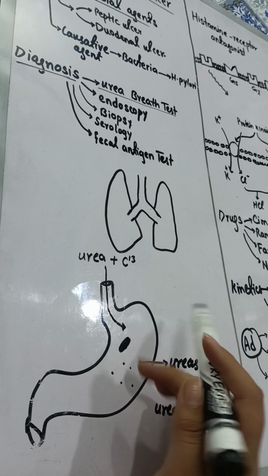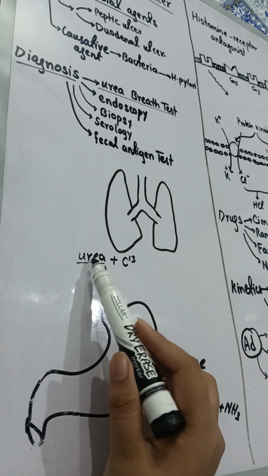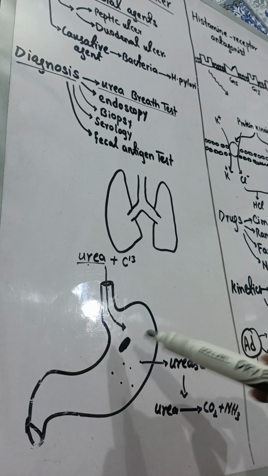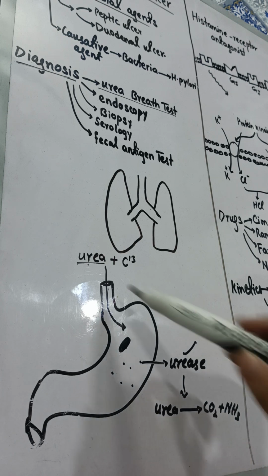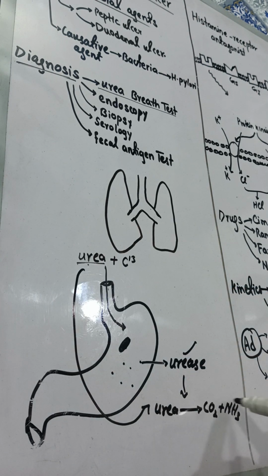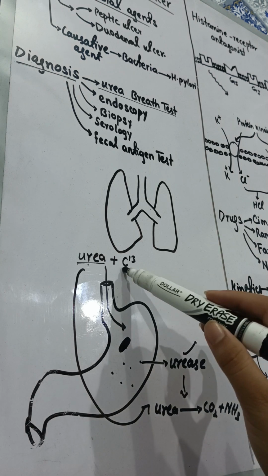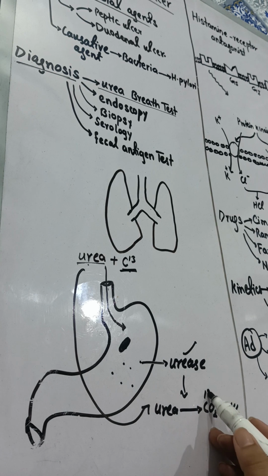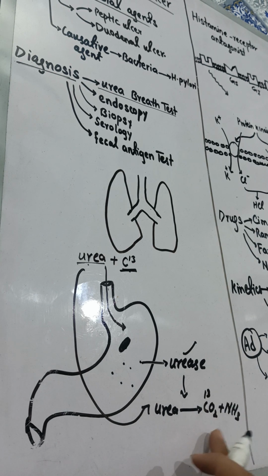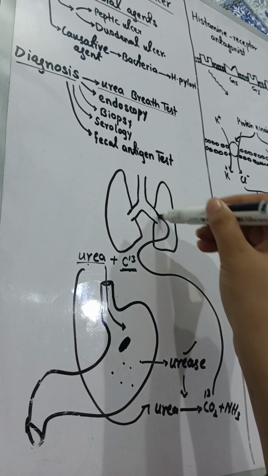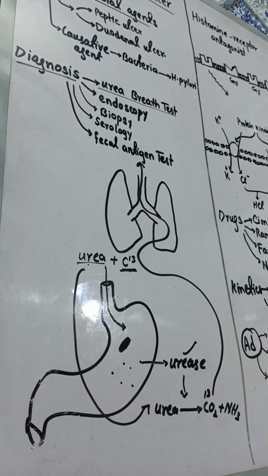Then, as the urea is introduced, the urease secreted by the bacteria converts this urea into carbon dioxide and ammonia, and due to the C13 it makes carbon dioxide with the C13 isotope. This carbon dioxide is released out through your lungs in the air you exhale.